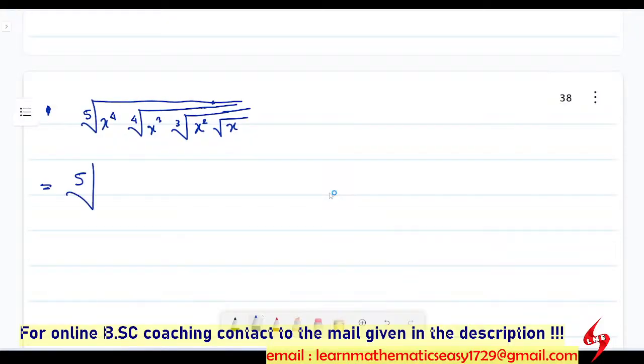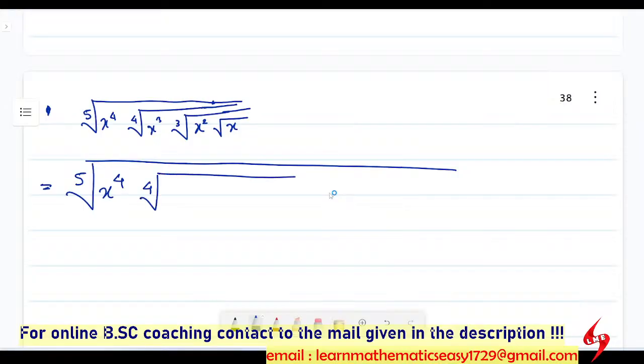I am doing this step by step. Look carefully. So this root x means x to the power half. So I am writing here like this.